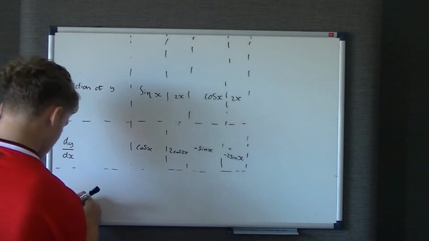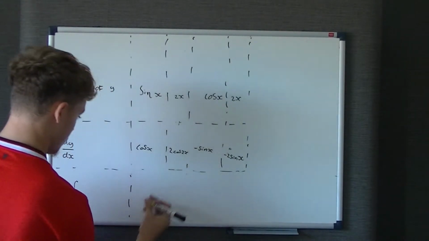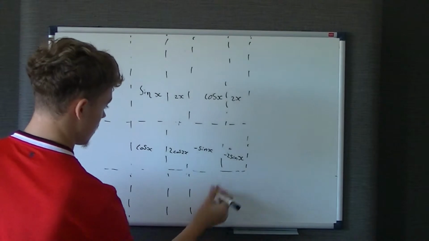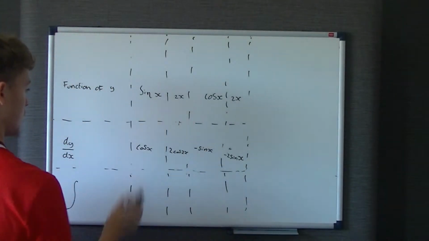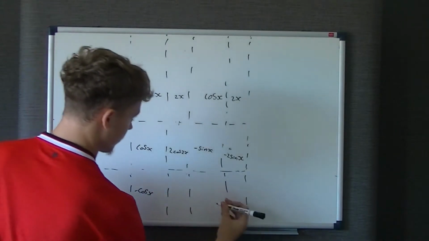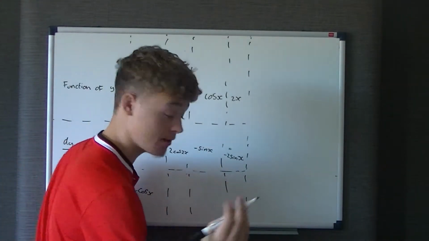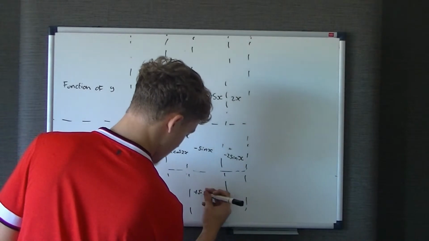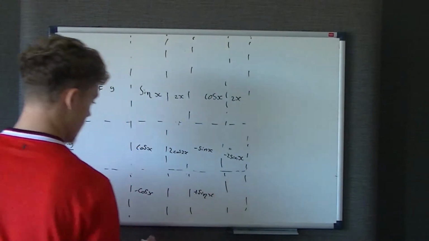Alright, so if we do the integral, that's why I left another part on my page here. If we do the integral of the top parts, the inverse of sine x is negative cos x, and the inverse of cos x, which would normally go negative, but this time it goes positive because we're integrating it, positive sine x.